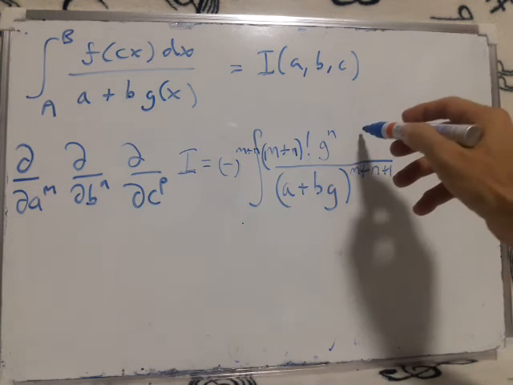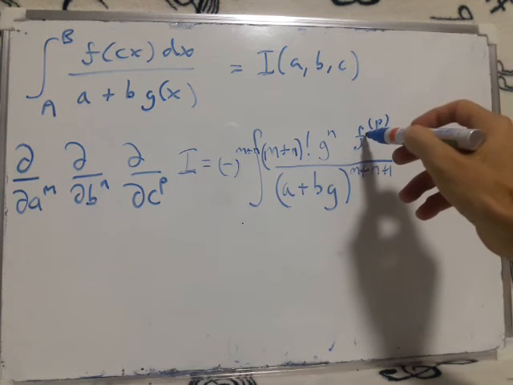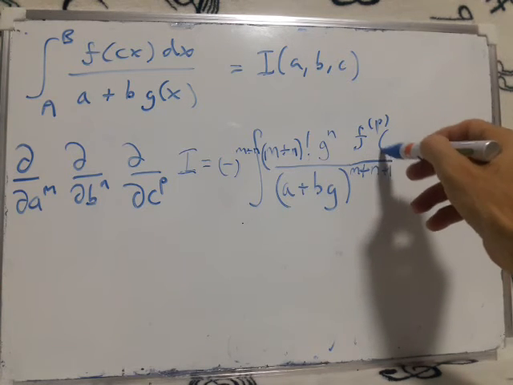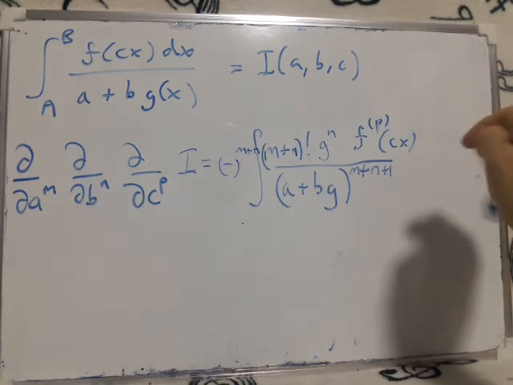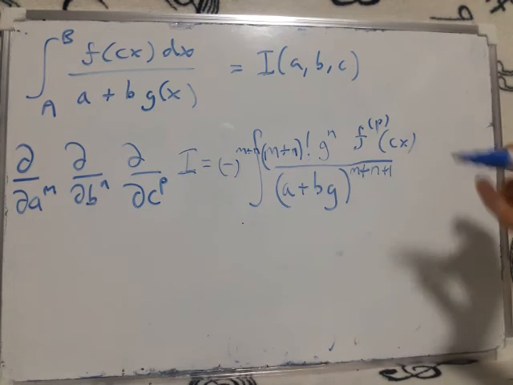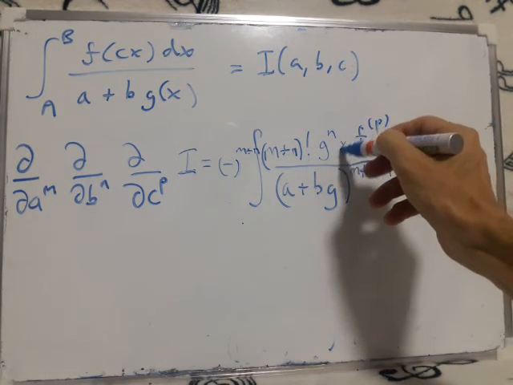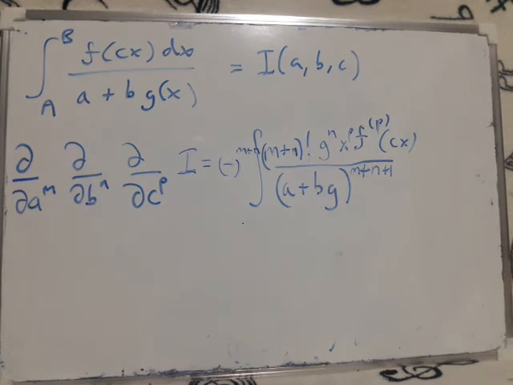The neat way of writing that is just f with brackets p, which means differentiating f p times. We still have the cx inside. Also, using the chain rule, every time we differentiate with respect to c, we bring out x, which is treated as constant outside. So differentiating p times, we'll get x to the power p coming outside.